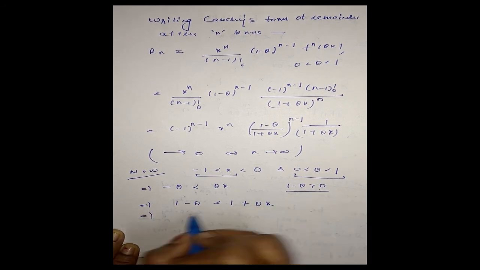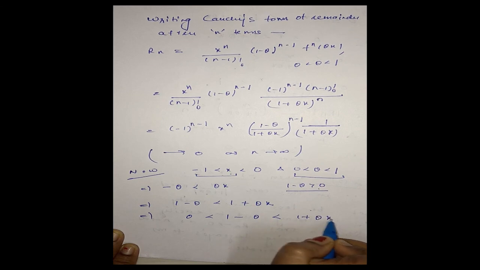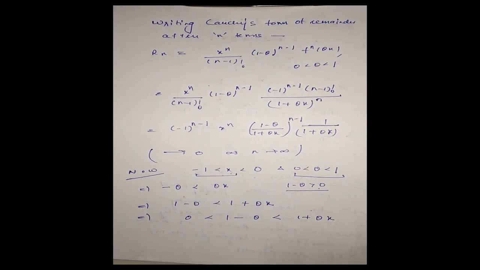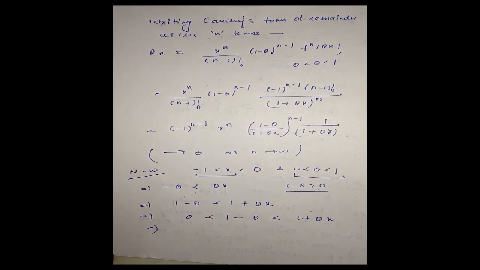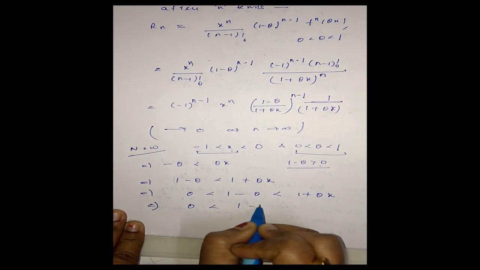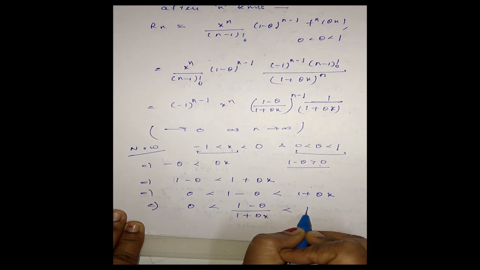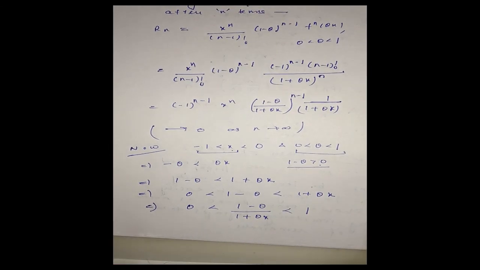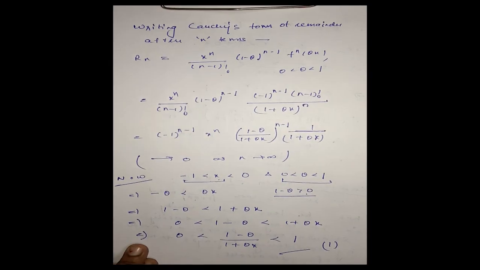That is 0 less than 1 minus theta is less than 1 plus theta x. Clear? That means 0 less than (1 minus theta) divided by (1 plus theta x) lies between 0 and 1. Mark this as equation number 1. Okay, clear?